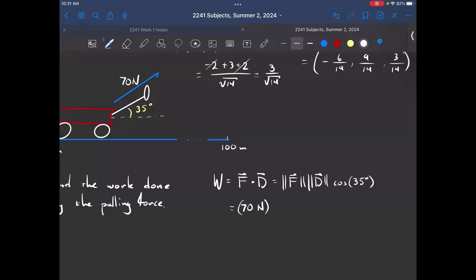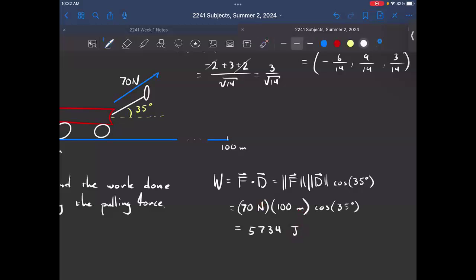And in physical problems, I do like to try and keep the units, times 100 meters, and then times the cosine of 35. I don't know exactly what that is, but my notes here say that it comes out to be about 5,734. And then newtons times meters gives you joules, which is a unit of energy.